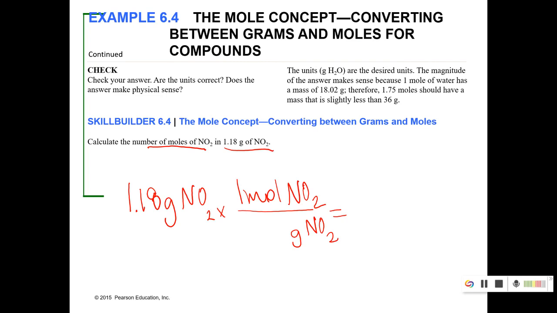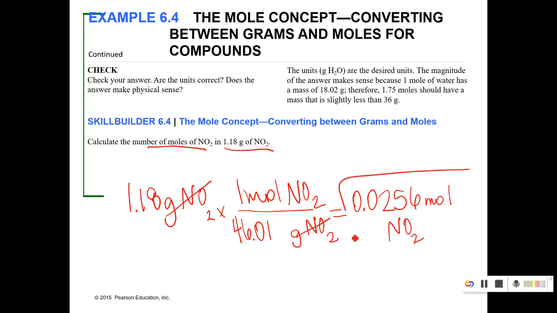I need to calculate it. So I fill in my units. You can go ahead and cross them out. Then you can fill in your number, which is 46.01 because 32, which is 2 oxygens, plus that 14 is 46. So this time we're dividing because the 46 is on bottom, and I get 0.0256 moles of NO2.